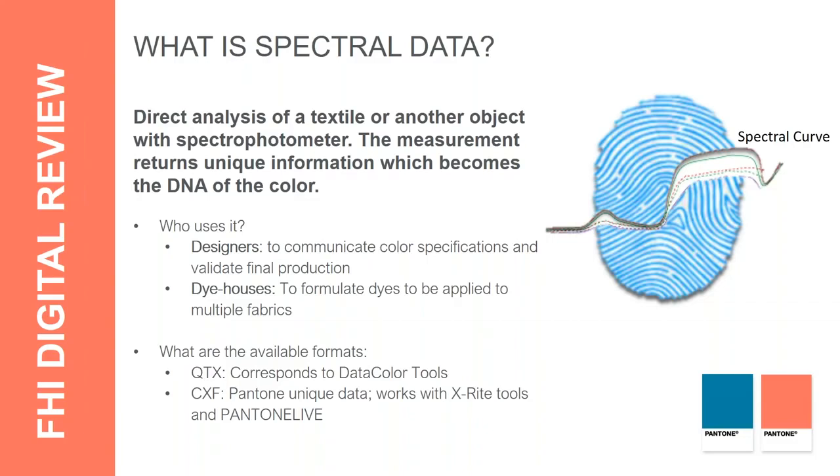And so the spectral data that comes with these smart swatches are available in two formats: the QTX, which corresponds to the Datacolor tools, also into X-Rite software, but also the unique CXF, which is Pantone data, and also works with X-Rite tools and Pantone Live and a wide variety of other digital tools.